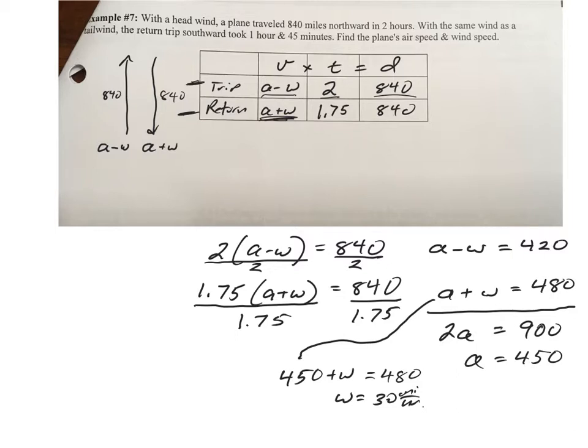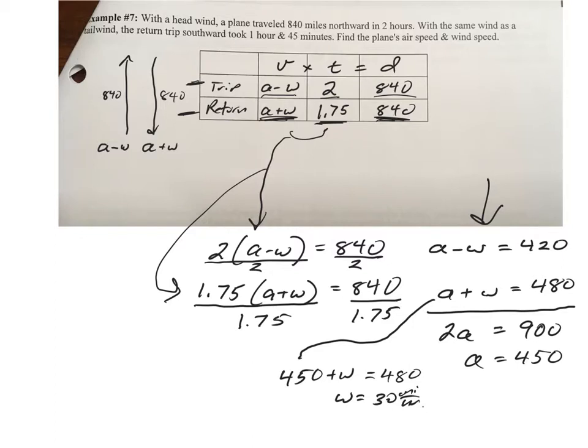So we make the trip in a shorter time, 1.75, but the distance is the same. Again, we multiply velocity times time in both cases to get an expression for the distance, and the distance equals 840. Reducing the equations a little bit to simplify them, we get nice, neat equations all ready for elimination.